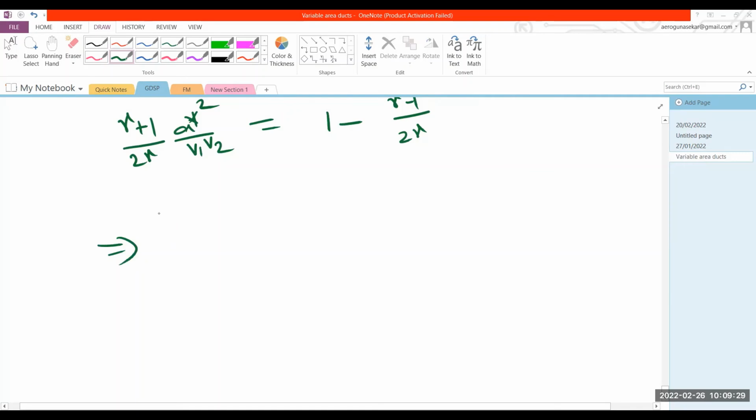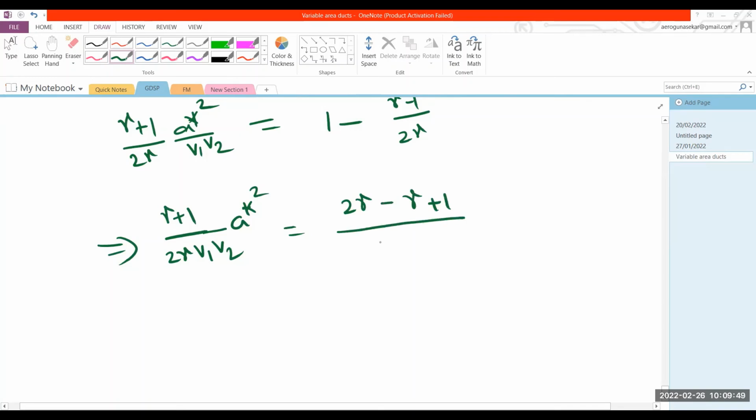By simplifying, (gamma plus 1) by 2 into gamma into A star square by V1 V2 equals 1 minus (gamma minus 1) by 2 gamma, which gives (2 gamma minus gamma plus 1) by 2 into gamma. That means 2 gamma minus gamma is nothing but gamma plus 1, by 2 into gamma, on the right hand side.